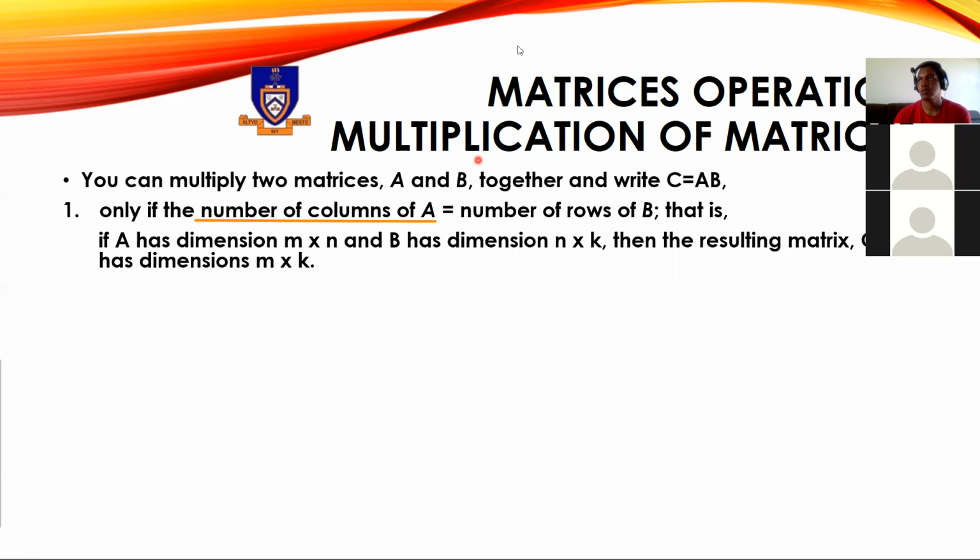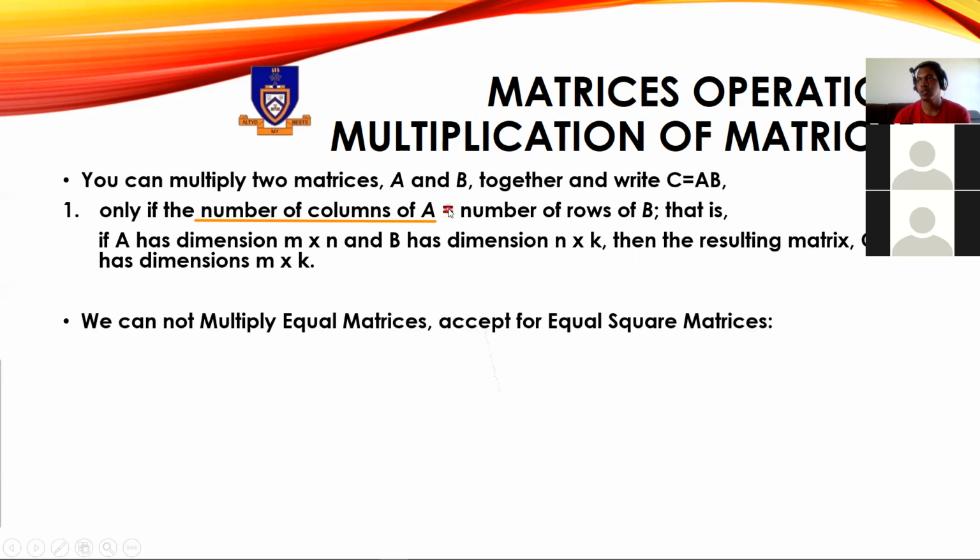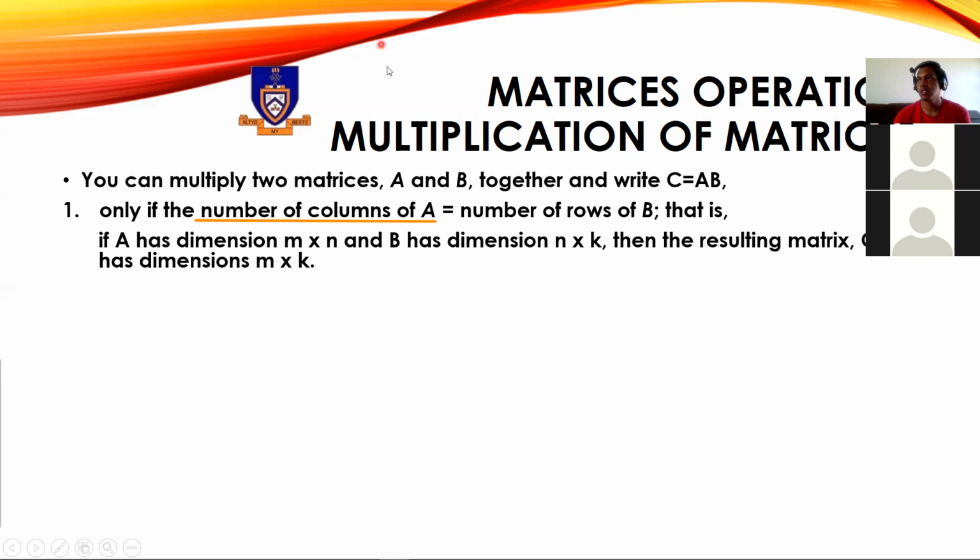Let's see, it says here spotlight. Let's see what the spotlight means. But spotlight doesn't want to do anything, but I could highlight certain keywords. Okay. So the number of columns in A equals the number of rows in B. All right. That is very important.